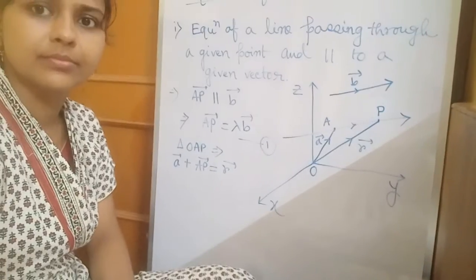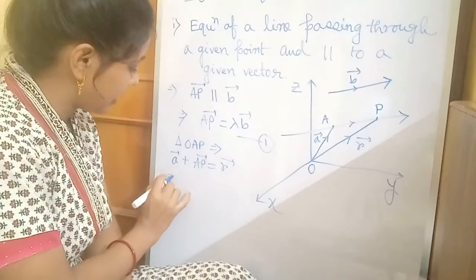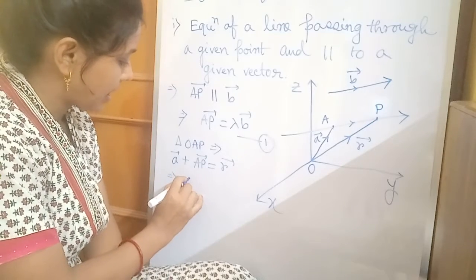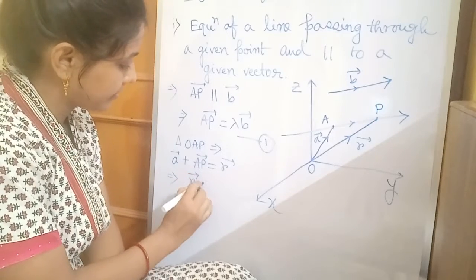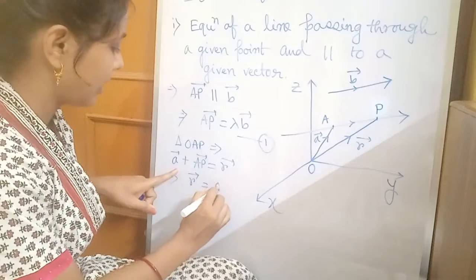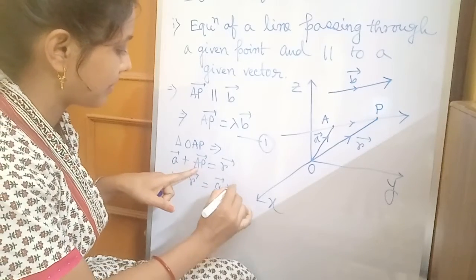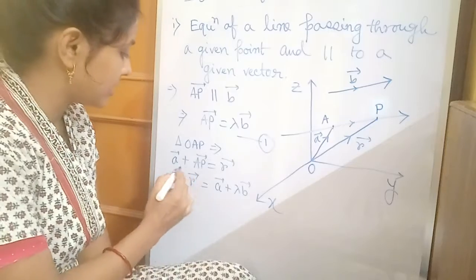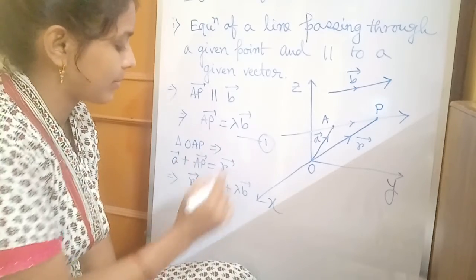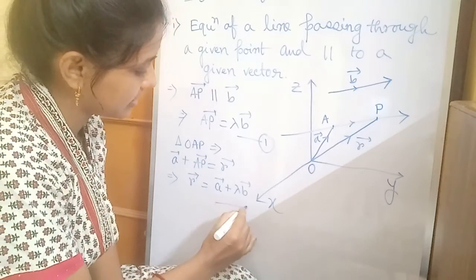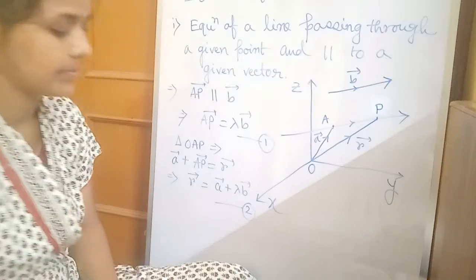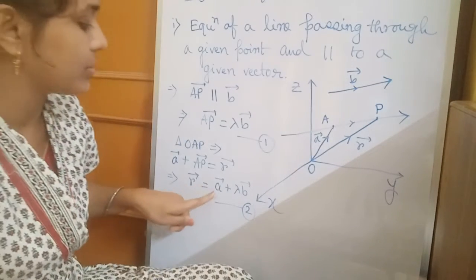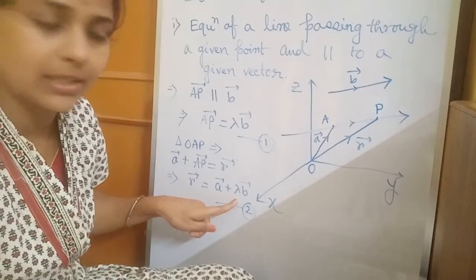Therefore r vector equals a vector plus lambda b vector, because AP vector is lambda b. This is equation number 2: r vector equals a vector plus lambda b vector.